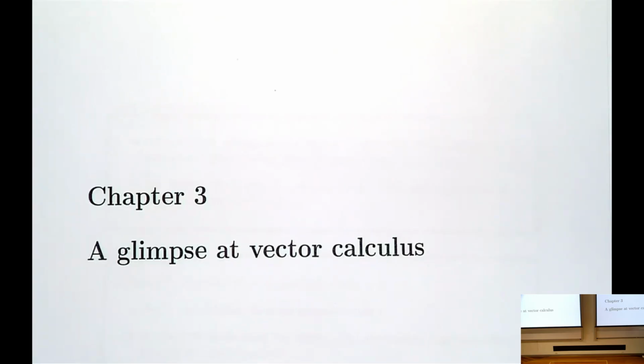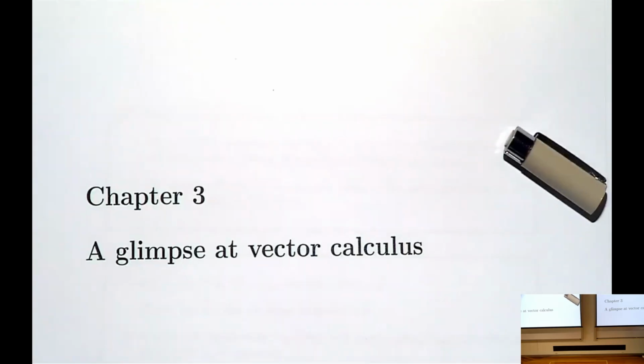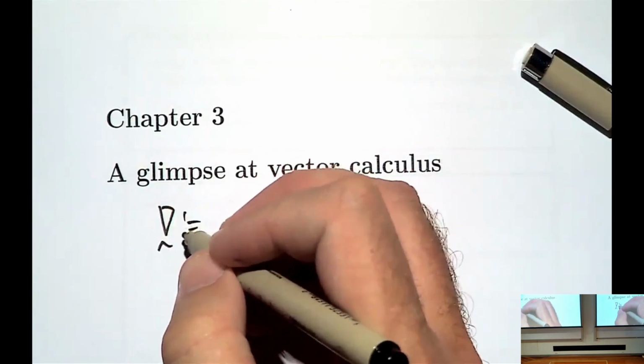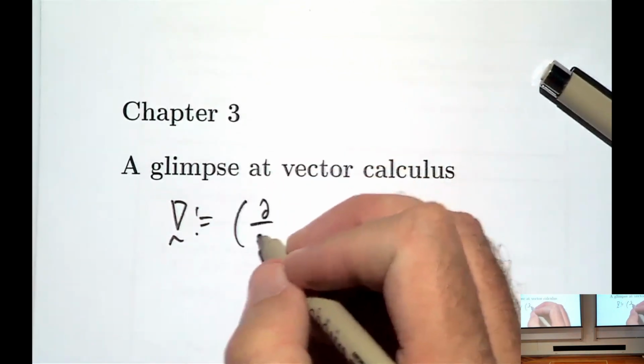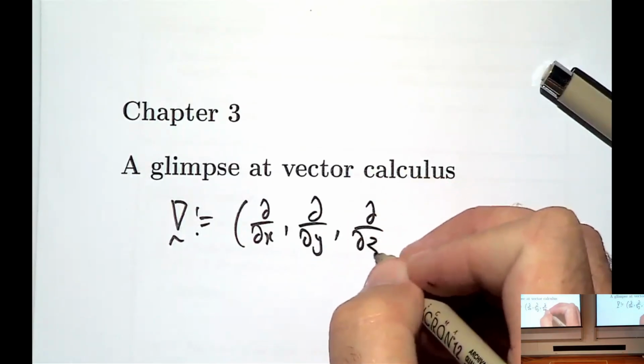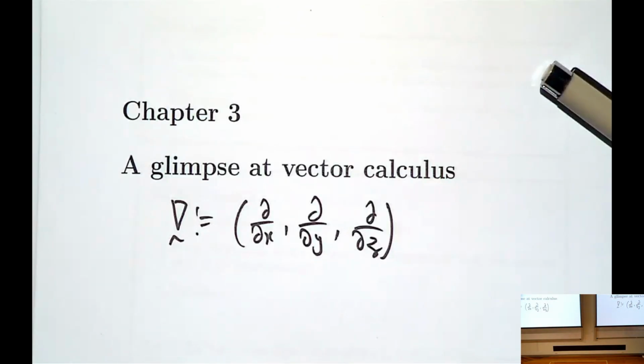So what do we know already about vector calculus? Well, we've got the del operator, and we've combined that with functions of 2 or maybe even 3 variables.